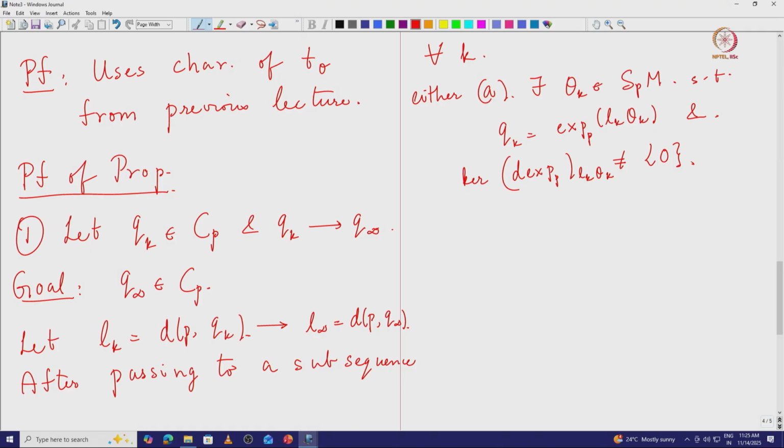So that means that Qk is a conjugate point along the corresponding radial geodesic, or for all k the second possibility holds.